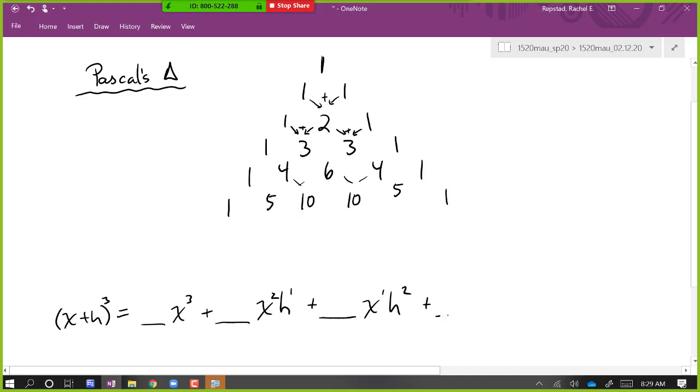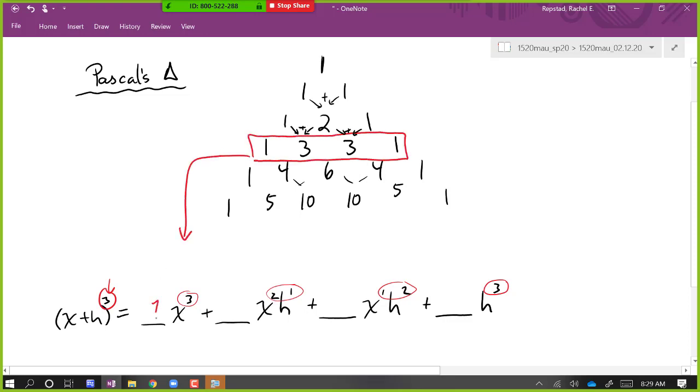And then our last term, h cubed, all h's. Notice that if you add up the exponents in every single term, they add up to 3, which is what we were doing. We're cubing the x plus h. The only question is what are our coefficients? And that's where Pascal's triangle is helpful. We have 1, 3, 3, 1.